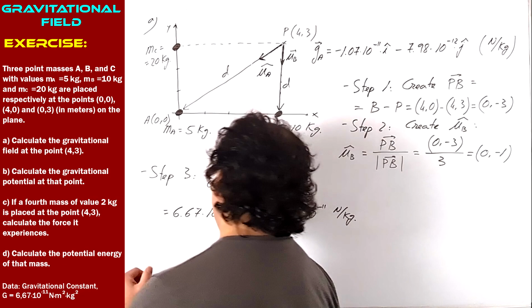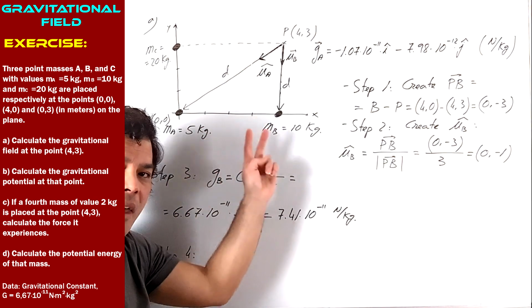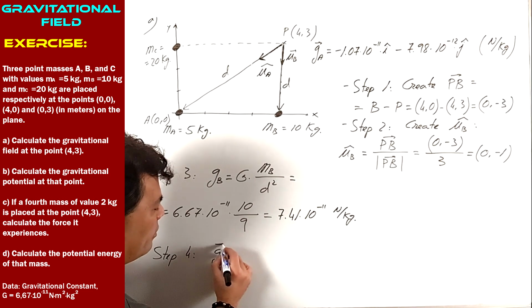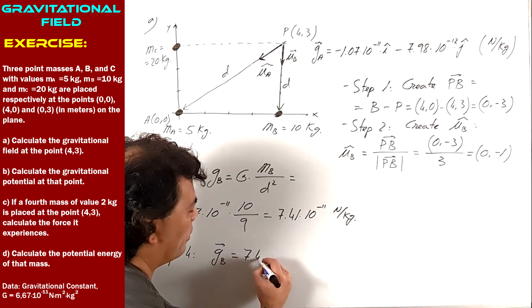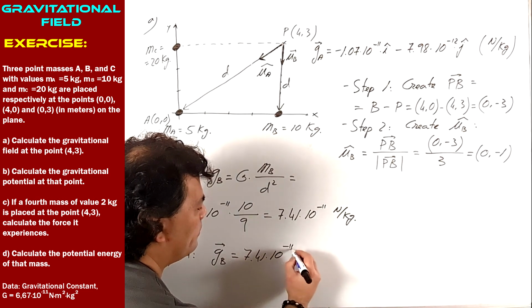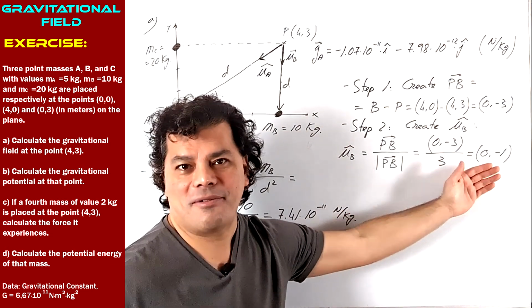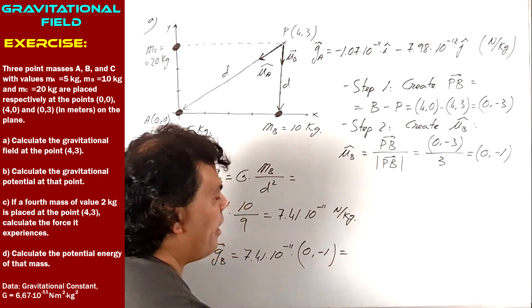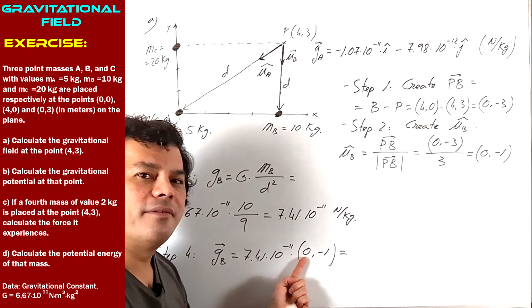And now comes step number 4, where we present the gravitational field at point P caused by mass B, but in vector form. G sub B vector will be this magnitude, 7.41 times 10 to the negative 11, multiplied by the unit vector that we prepared at step number 2, (0, -1). Multiplying this magnitude times 0 gives 0.